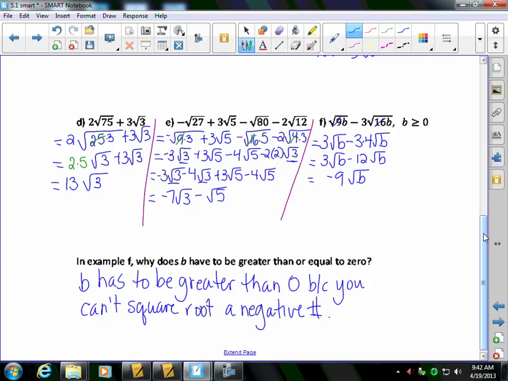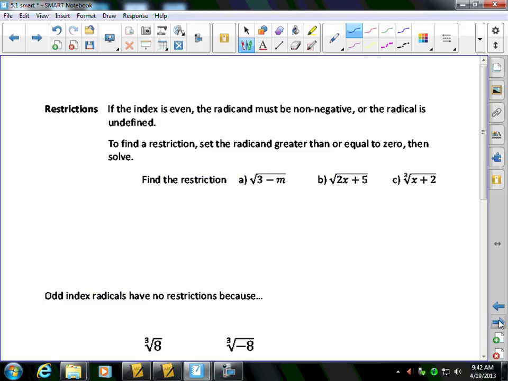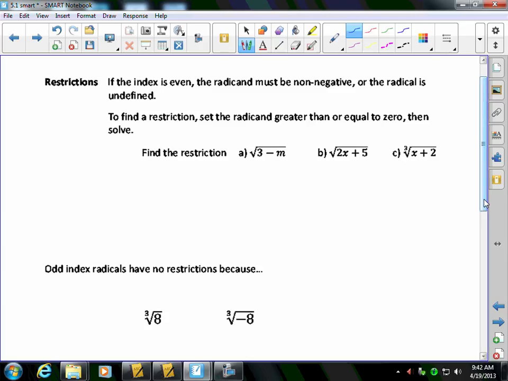So that b greater than or equal to 0 leads us into our restrictions. It says if the index is even, so a square root, a fourth root, a sixth root, or whatever, so an even value, the radicand must be non-negative. You can do the cube root of a negative number because you can multiply 3 numbers together and get a negative value.